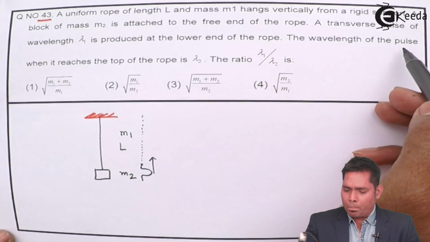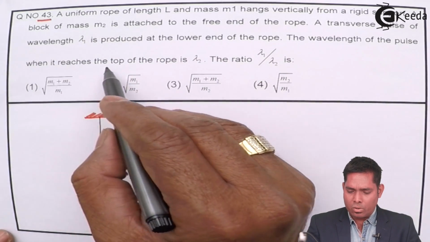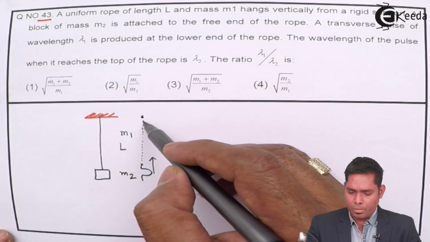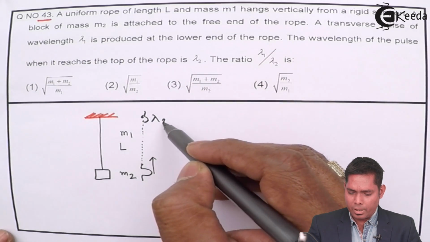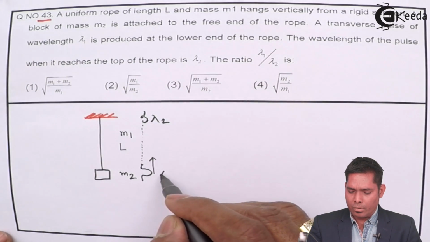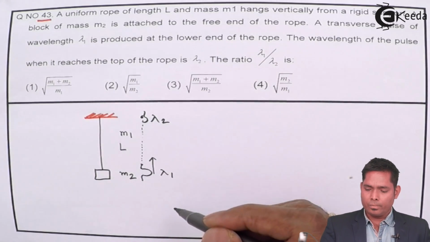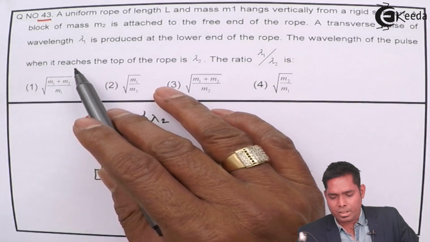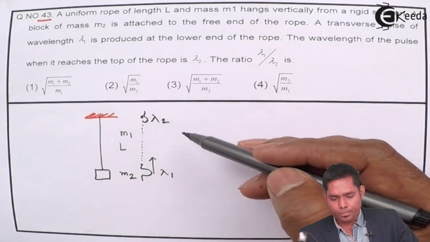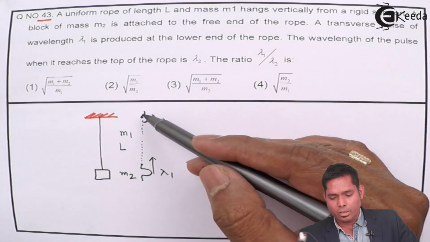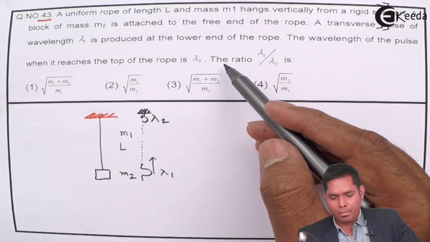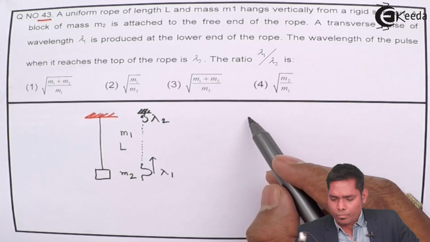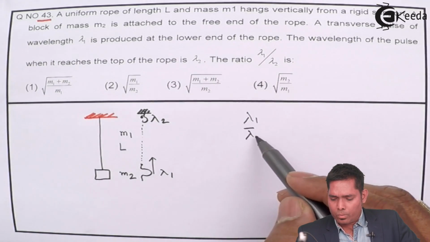The wavelength of the pulse when it reaches the top is lambda 2. So when it is here, the wavelength is lambda 1, and here the wavelength is lambda 2. Your aim is to find the ratio of lambda 1 over lambda 2.